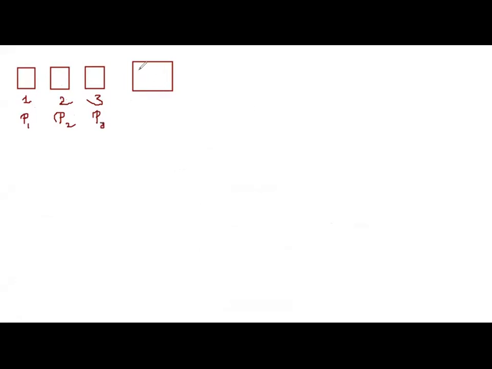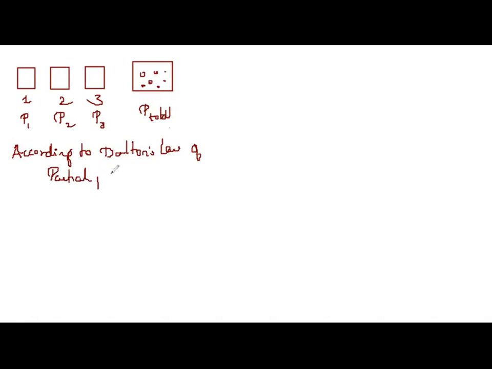When you combine all the three gases, you form a mixture. The total pressure exerted by the mixture, according to Dalton's law of partial pressures, is P total is equal to P1 plus P2 plus P3, correct? Because there are three gases I have taken, right?